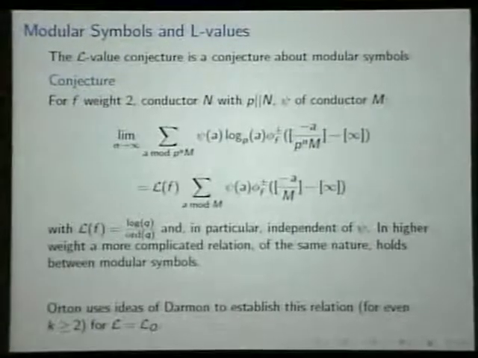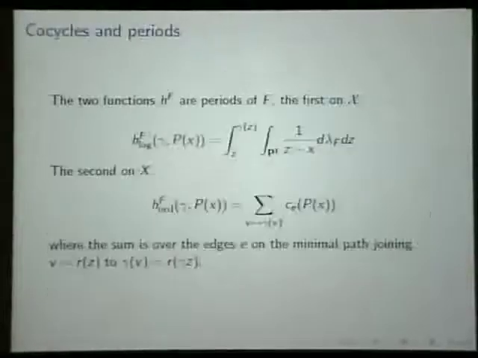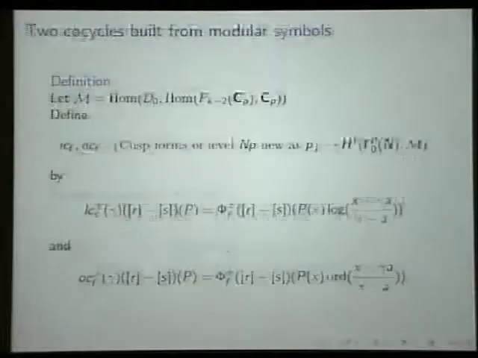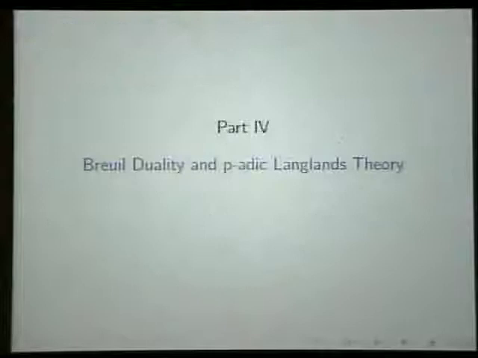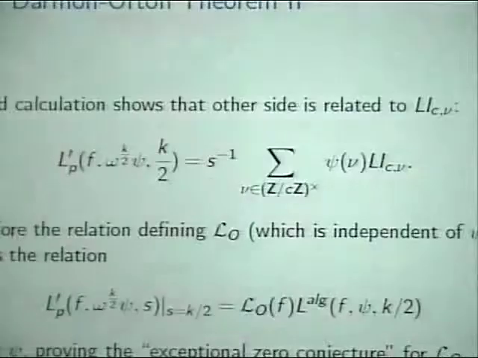And that somehow is what you do. You work this out in the calculation. And if we flip back, it turns out that actually this thing is the algebraic part of the special value.